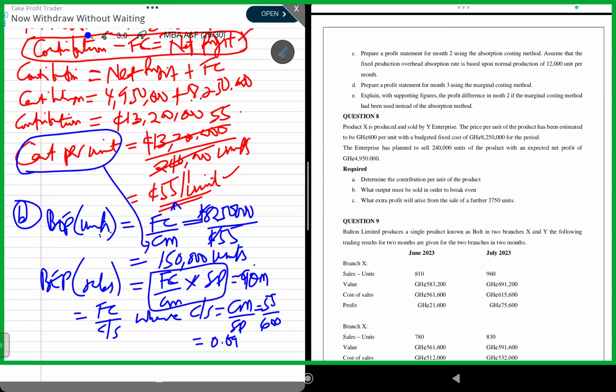I'm using the FC over sales ratio. What is the FC? 8,250,000. What is the CS ratio? 0.09. What do we have?